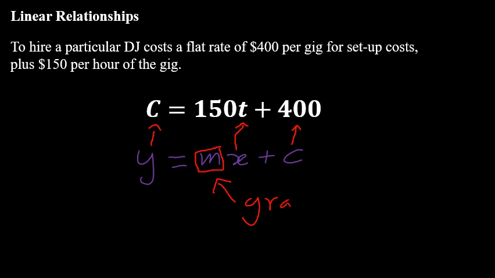So that gives us another way to think of linear relationships and gradients. If my relationship between two variables can be summarized using a formula that follows the format y equals mx plus c, then they must be in a linear relationship. And if that is the case, then whichever number falls into my M position is the gradient of my relationship, which in this case, as you can see, is 150.